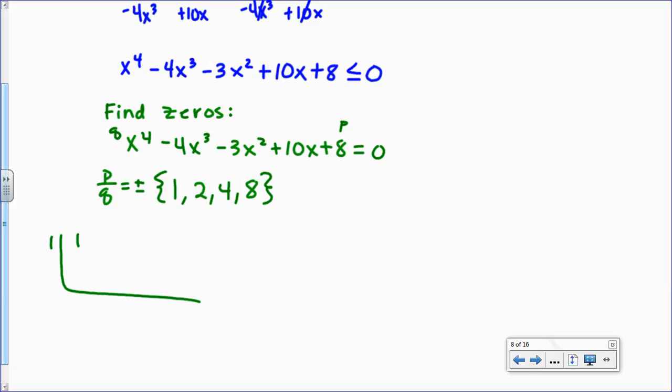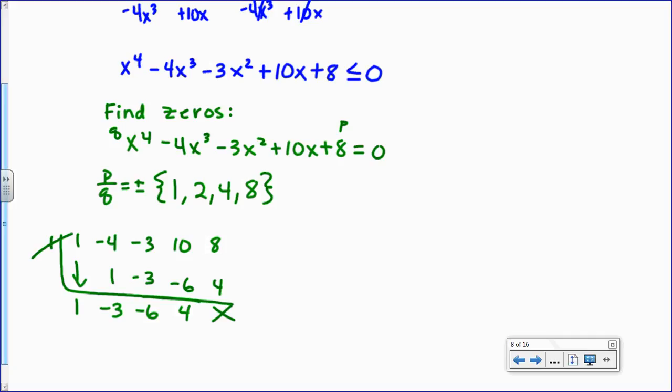So 1x to the 4th, negative 4x cubed, negative 3x squared, 10x, and 8. So bring down this first one to get started, multiply, and then add down the synthetic division. And does 1 work? I don't get it.